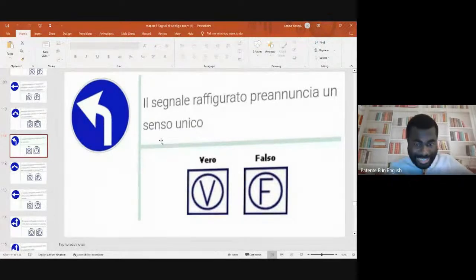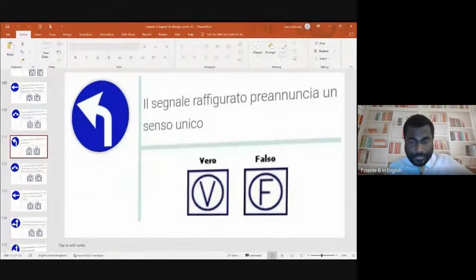We learned this yesterday. And the answer to this question is false.